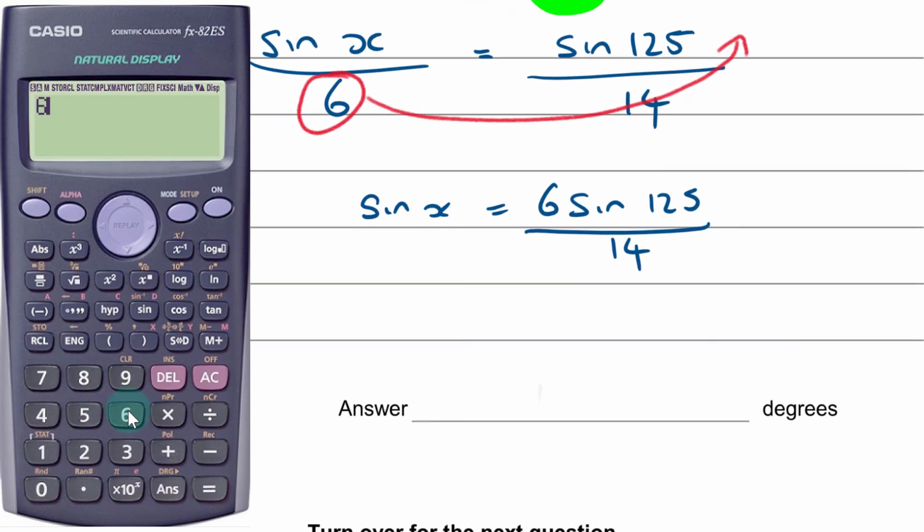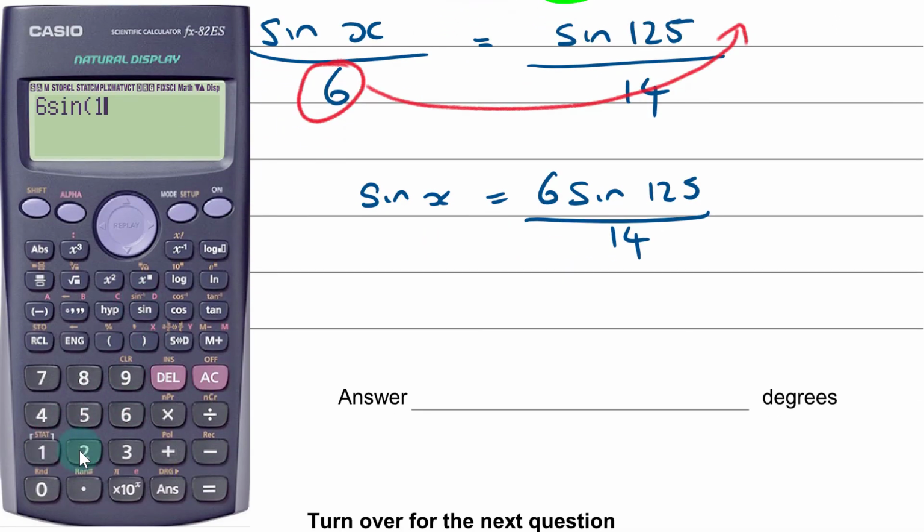Okay, so it's time to reach for our calculator. 6 sine 125 equals, divide by 14 equals, inverse sine, answer equals 20.55. Now I normally give angles to one decimal place, so that is equal to 20.6 degrees.